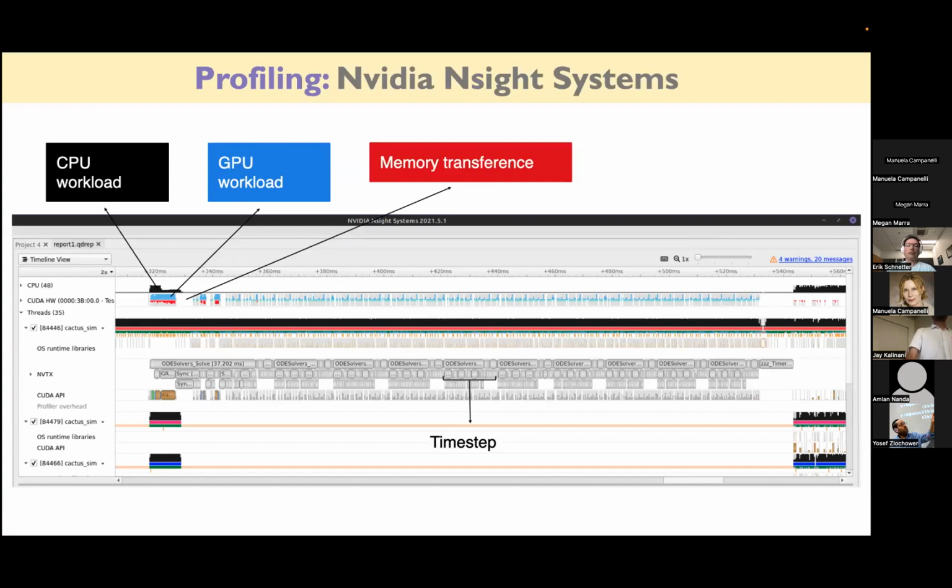The way to do that is using profiling. We want to profile the code, so we evolve our system, and this was done using NVIDIA Insight Systems. It tells us the bottlenecks, which parts of the code are taking the most computation time. For instance, you might see here the CPU workload in black, then in bluish color the GPU workload, and then the memory transfer, which is denoted in red.